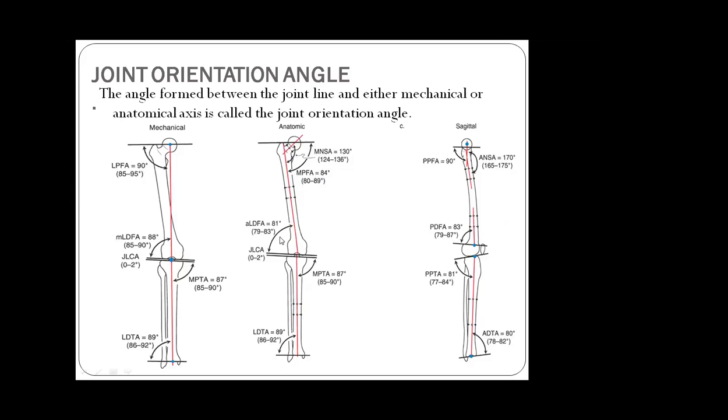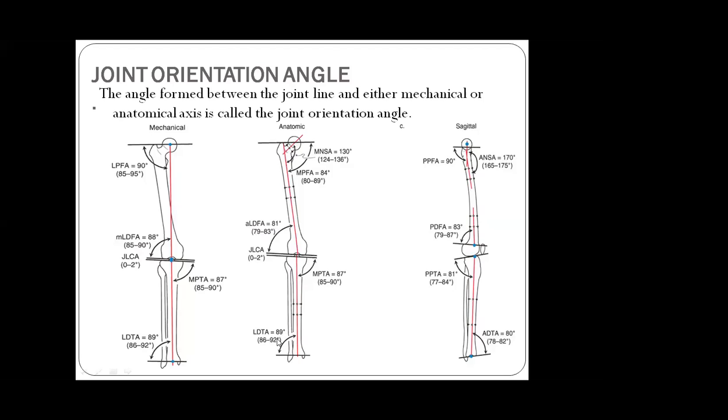Then anatomic lateral distal femoral angle is 81. As I said earlier, the difference between the anatomical and the mechanical axis of the femur is 7 degrees. So that was 88 degrees in the mechanical axis. This comes to be 81 degrees. Then medial proximal tibial angle would be the same as that from the mechanical axis, because in the tibia both are the same. That comes out to be 87 degrees, and lateral distal tibial angle comes out to be 89 degrees.